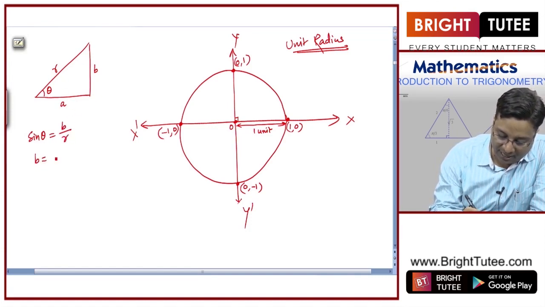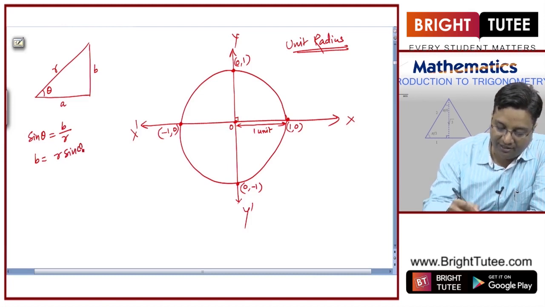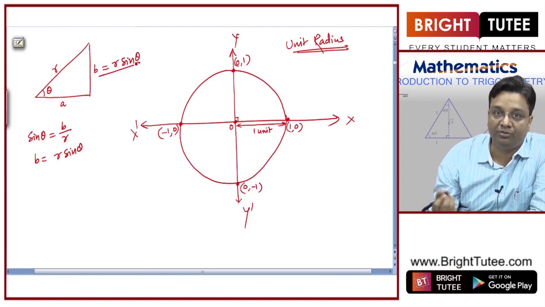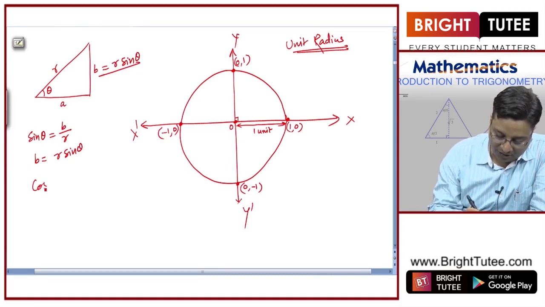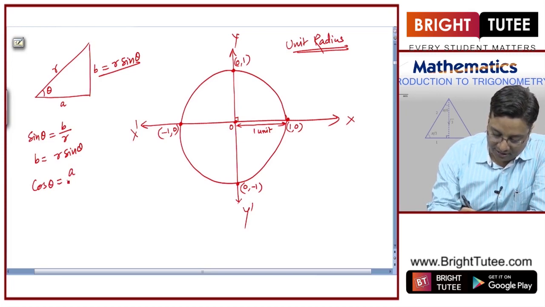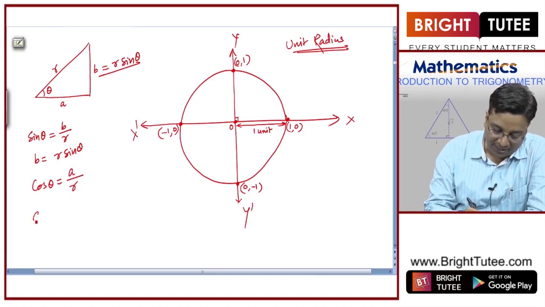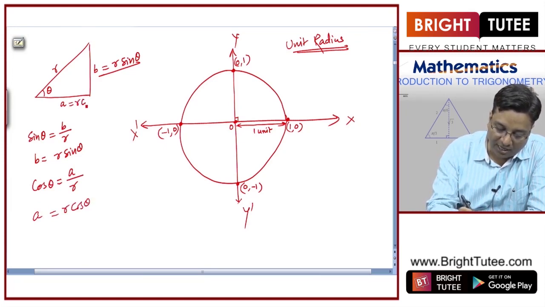So b is r sine theta, right. There shouldn't be any doubt in it. I have just cross multiplied this. What is cos theta? Cos theta is adjacent upon hypotenuse. So what is a? A is r cos theta. So this is equal to r cos theta, right.